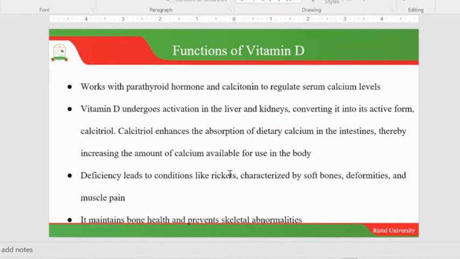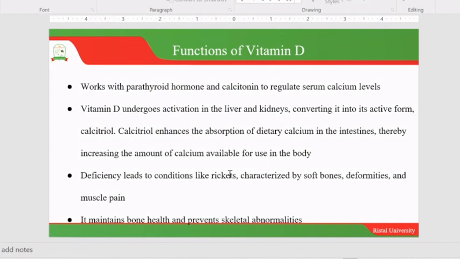Right, so the other functions of vitamin D, we are looking at vitamin D undergoes activation in the liver and the kidneys converting it to its active form. And the active form, calcitriol, enhances the absorption of dietary calcium in the intestines, thereby increasing the amount of calcium that is available in the body.